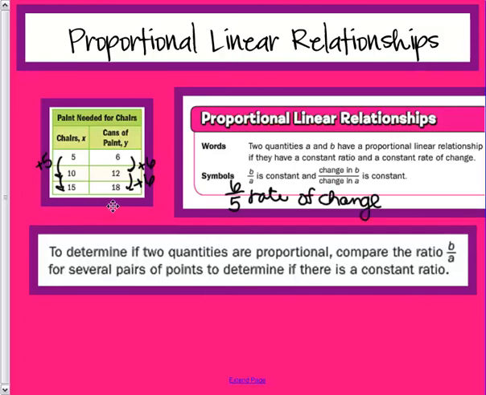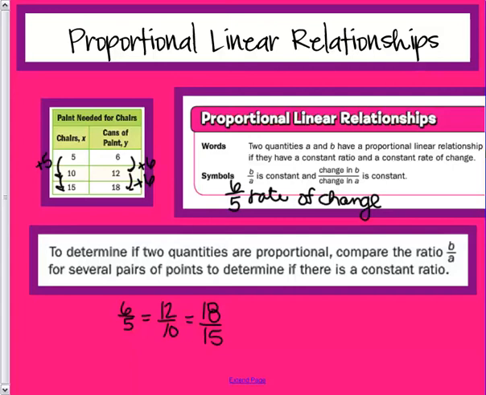To determine if they're proportional, we have to see if each one of these is equivalent. So is 6/5 equivalent to 12/10, and is that also equivalent to 18/15?